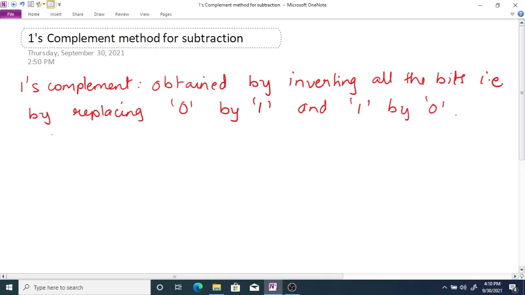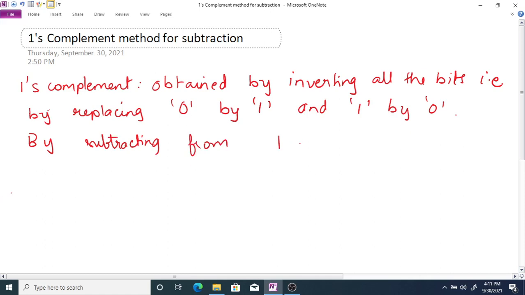We can also get ones complement of a given binary number by subtracting the given binary number from 1.